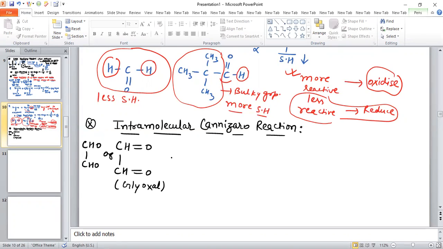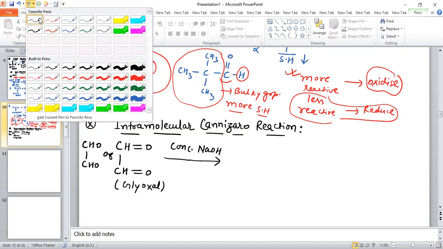See what happens when glyoxal reacts with concentrated NaOH. So what happens in this case?